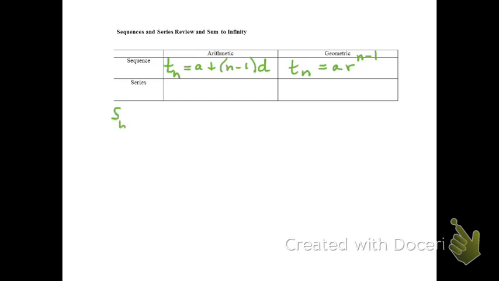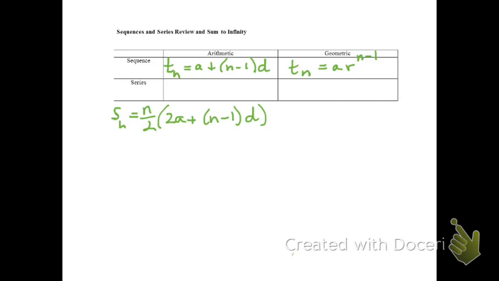So S subscript n equals n divided by 2 times 2a plus n minus 1 times d. And that was if we were given certain information, then we could use that. So if we knew the difference and we knew the starting number, then we could come up with that value.